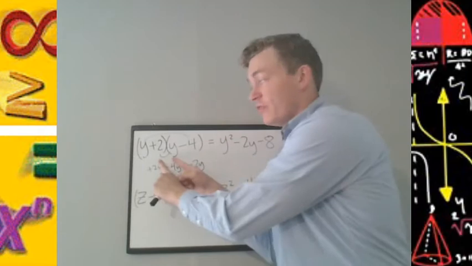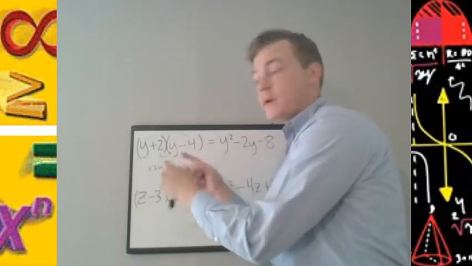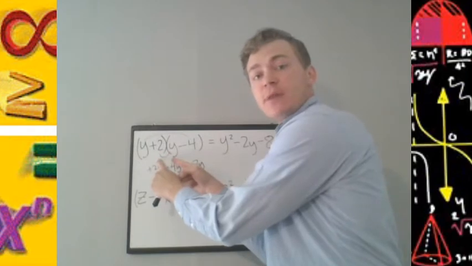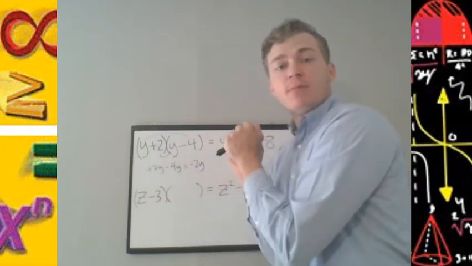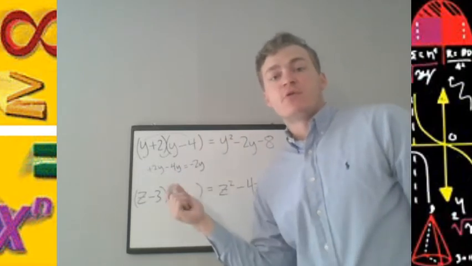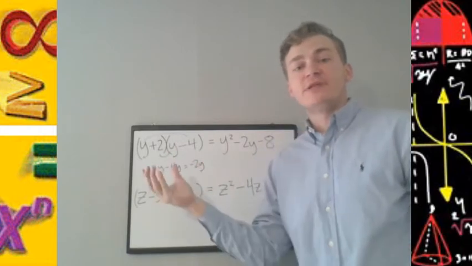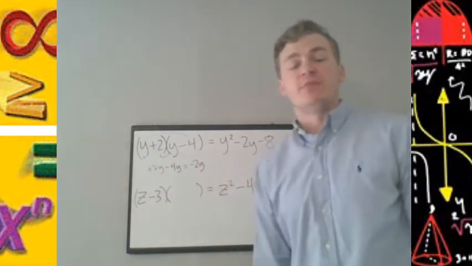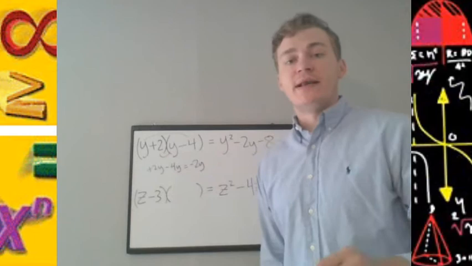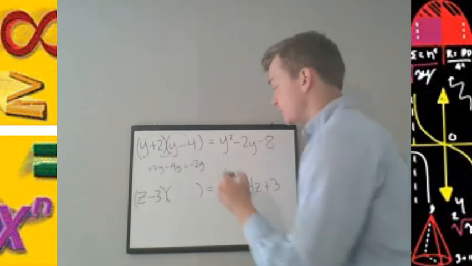Now, this inner product and this outer product, what do we mean by that? The inner terms multiplied together and the outer terms multiplied together will produce two different terms, which we will combine together. 2y minus 4y, they're like terms, they simplify down to one single term, and that is the middle term, minus 2y. So we've confirmed that the missing factor is y minus 4.